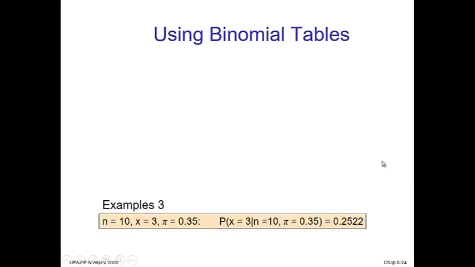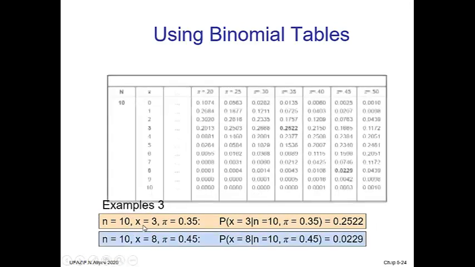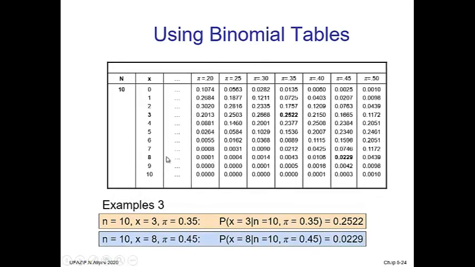One more example. Suppose that we have n equal to 10, number of trials 10, number of successes 3, probability of success in each trial 0.35. What is the probability of this situation? Automatically you must apply the binomial distribution here. Here is the part of the table.